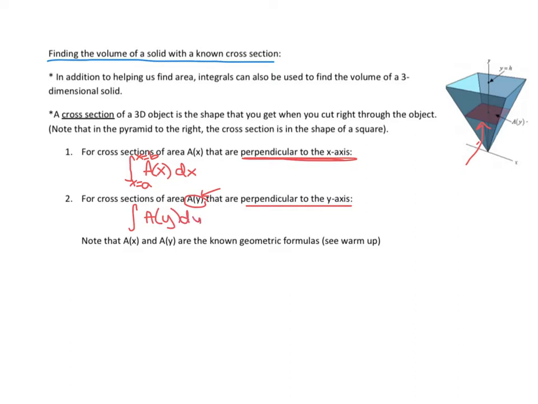Keep in mind that your limits of integration must also be y values. I'm going to write y equals c and y equals d, so your lower y to your upper y. And the A of y and A of x are the formulas that you have. You'll notice I wrote C warm-up. If you didn't print out the paper, you probably have no idea what I'm talking about. If you printed out the paper, just know that we're going to be doing those formulas in class together.